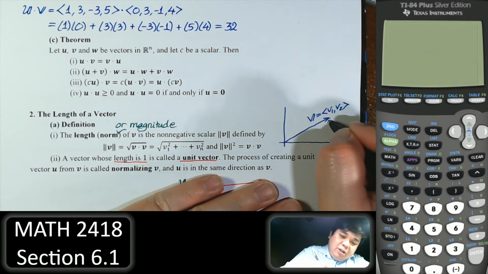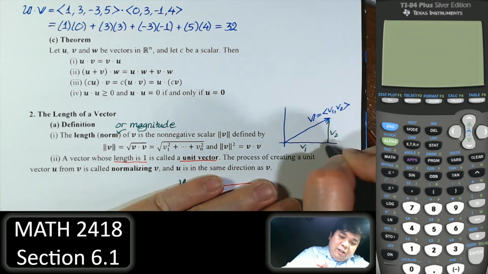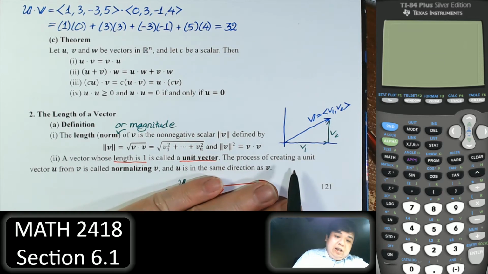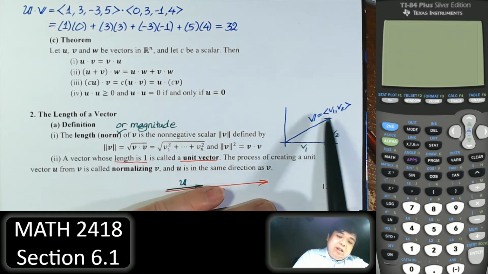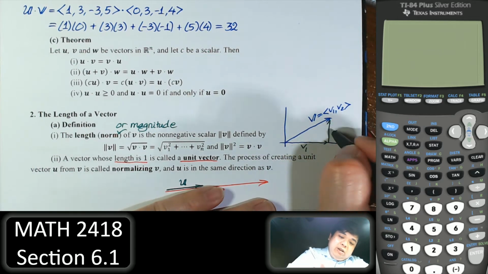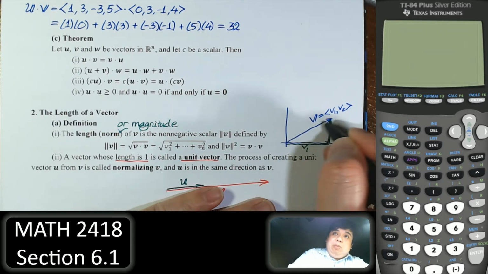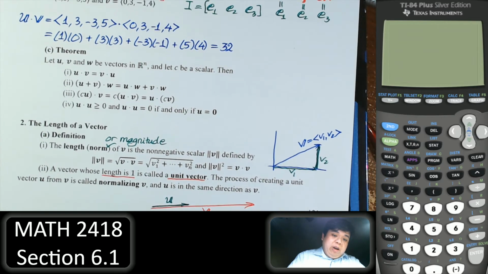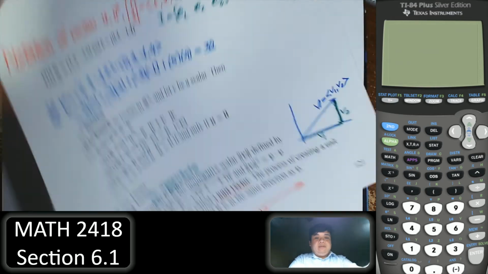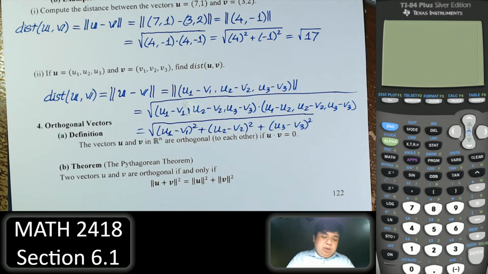Then the length is, with v1 here and v2 there, and by the Pythagorean theorem, just the square root of v1 squared plus v2 squared. So the hypotenuse is equal to the square root of the sum of the squares of the legs. Right. I said there's nothing new.